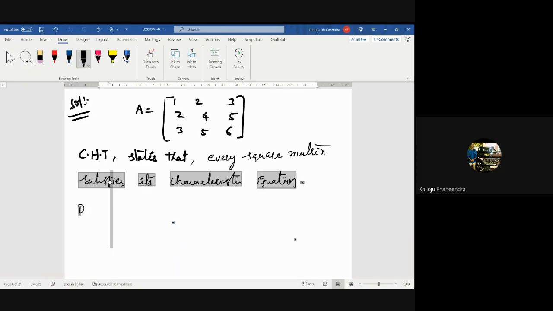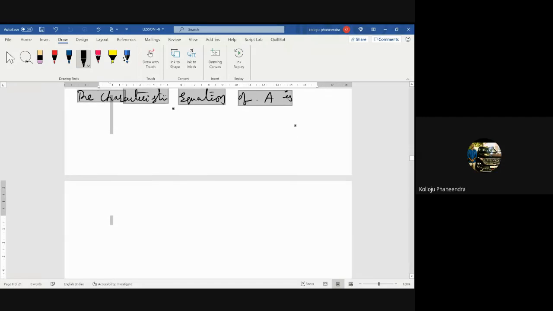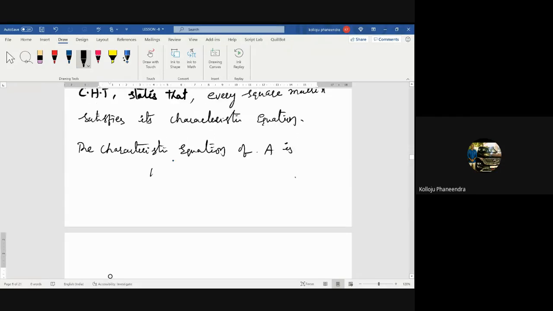Now, the characteristic equation of A is determinant of A minus lambda I equal to 0.